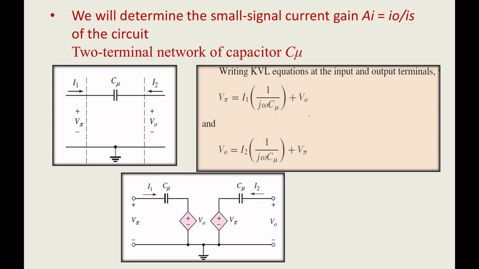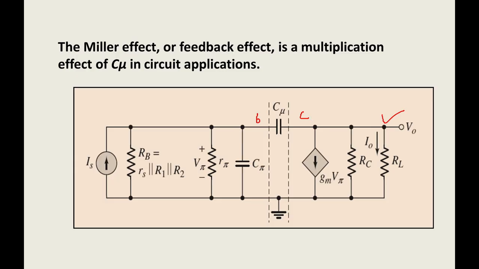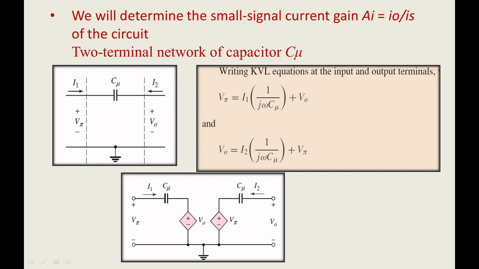Very simple. See here, what I am going to do is take this C mu. On the left side, this V pi is the drop in your input part, and on the output side the drop is V naught. The current across this part I will take as I1, and the current across the other part as I2, and proceed with Miller's theorem.